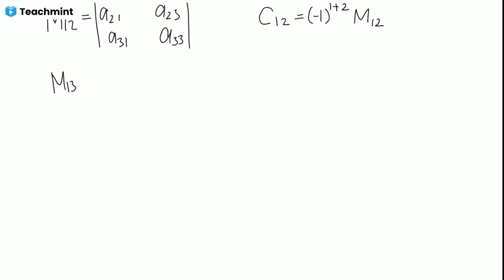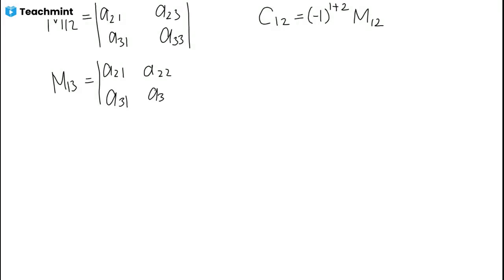Similarly, M13: leave the elements of the first row and third column. You have A21, A22, A31, A32. Similarly, C13 is minus 1 to the power 1 plus 3, and just multiply by M13.